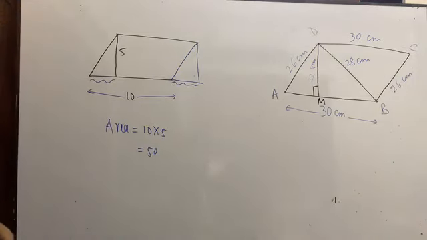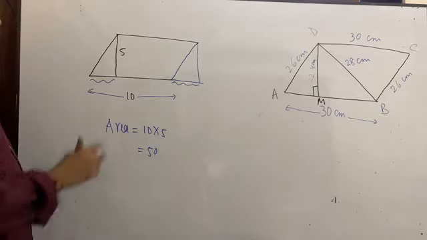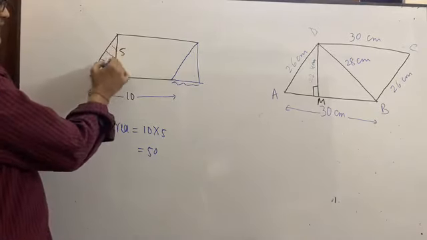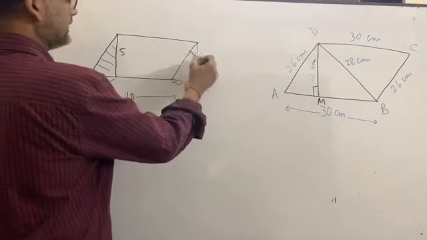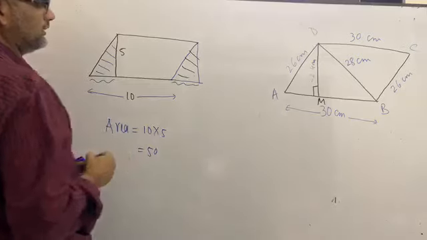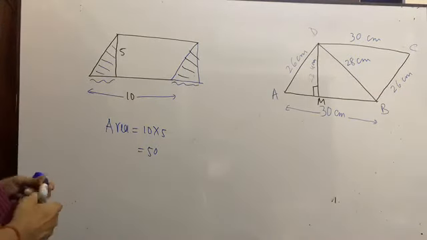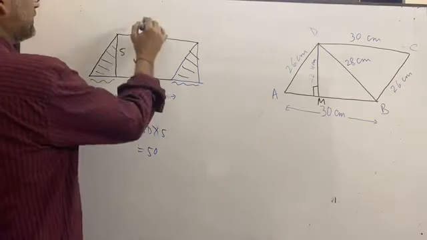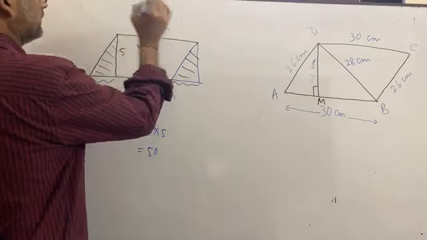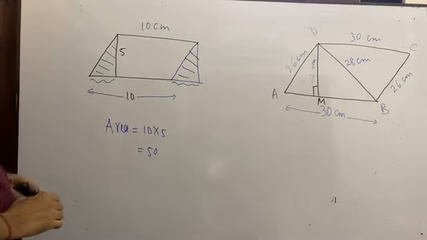Have you seen? These and these are equal. Now, what we are getting? This triangle and this triangle are equal in areas. Now you see, it is also 10 centimeter. It is also 10 centimeter.